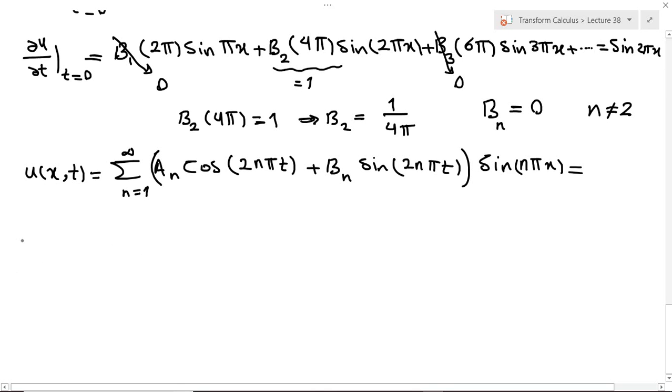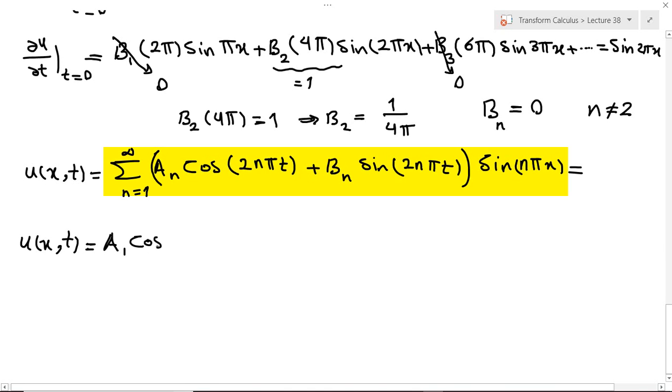Let's expand it. So u of x and t, if n is equal to 1, we have a1 cosine 2 pi t plus b1 sine 2 pi t, times sine pi x, because n is equal to 1. Now we assume that n is equal to 2.